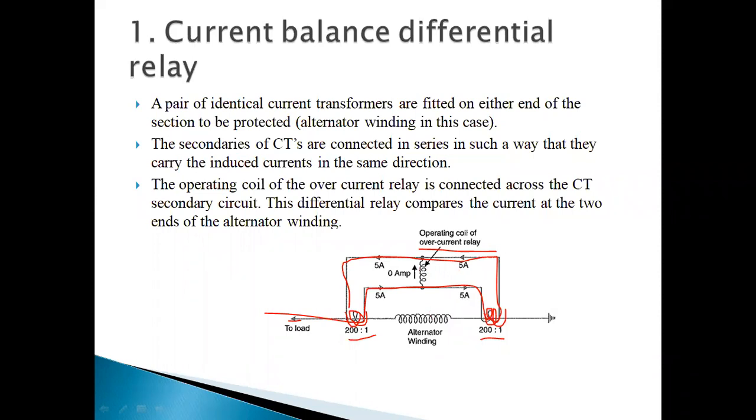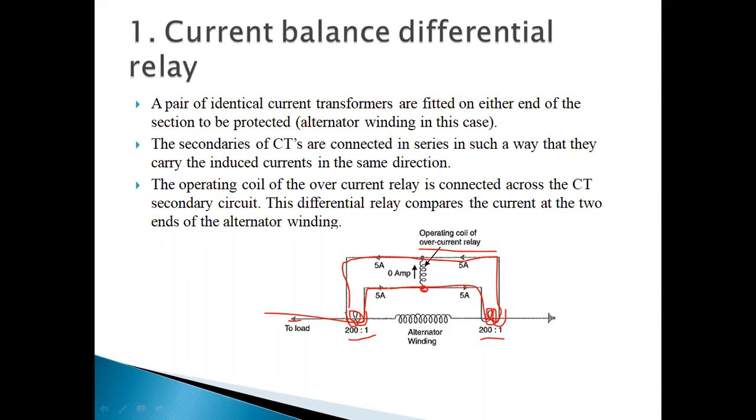This coil is connected in between these two lines, means in between the two current transformers, so that if the current is not balanced, then the current will flow through the operating coil. So the operating coil is used. Now here you can see the current at this end.